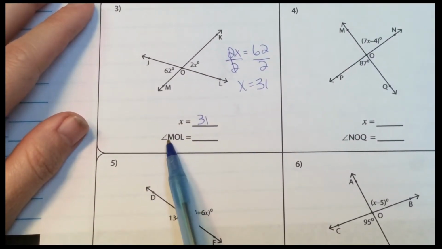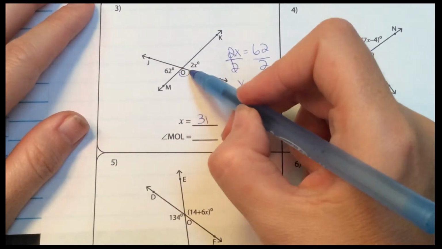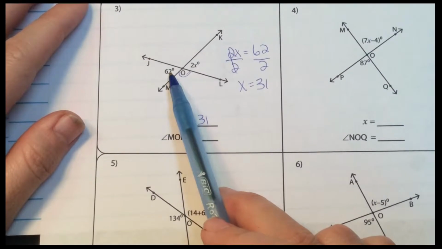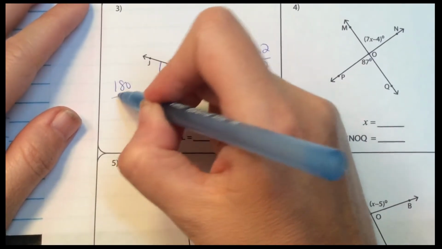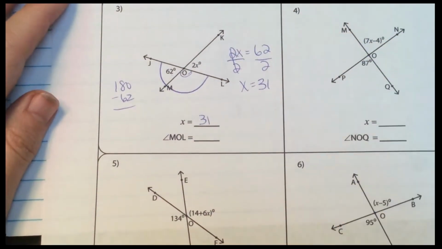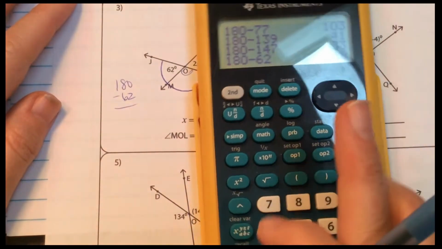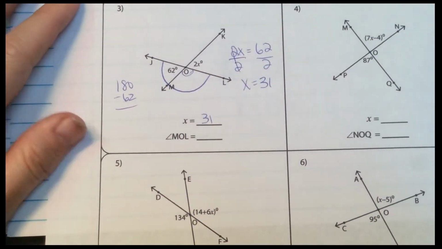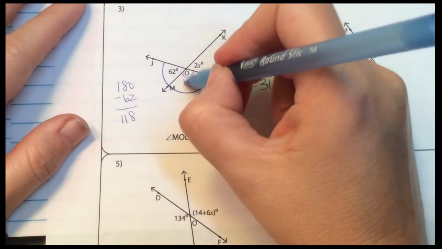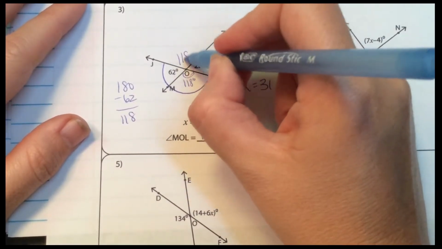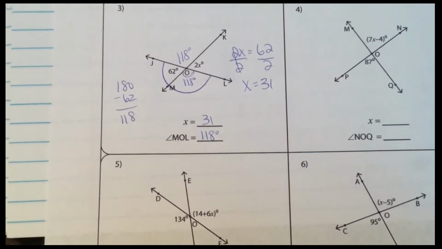What's the measure of MOL? So we're talking about this angle. And in order to get that, I'm going to take 180 minus 62. And whatever 180 minus 62 is, 118. Which means this is 118. And we could go all the way around again.